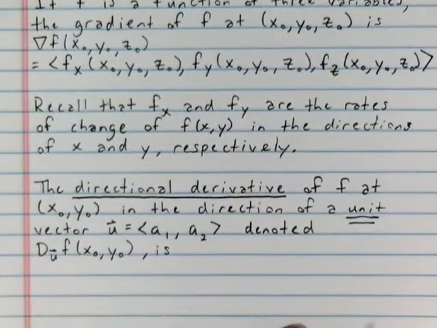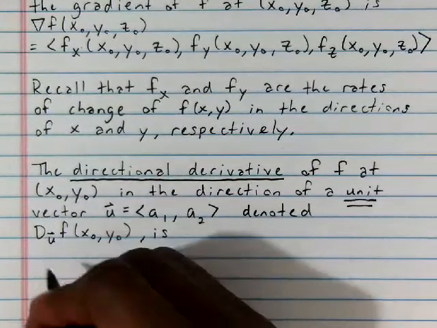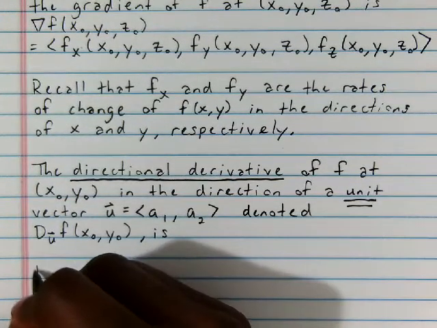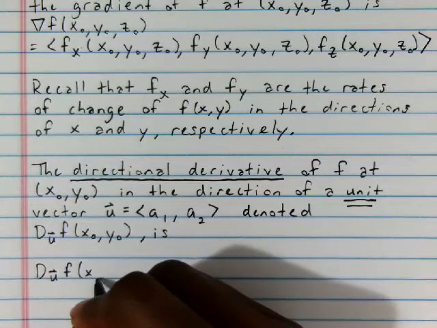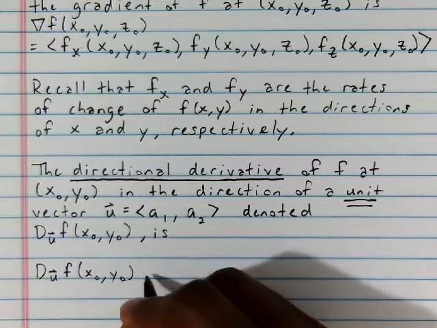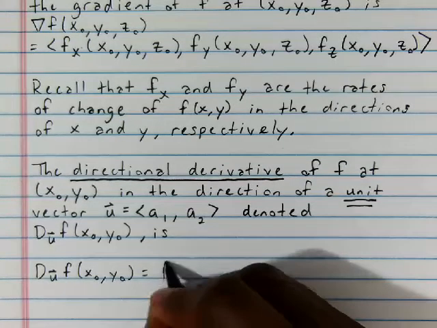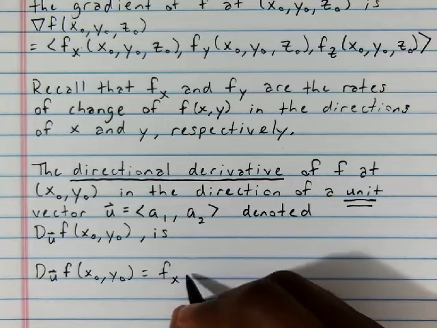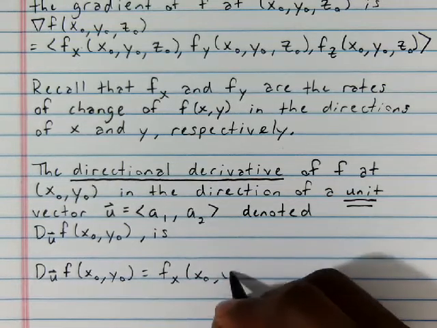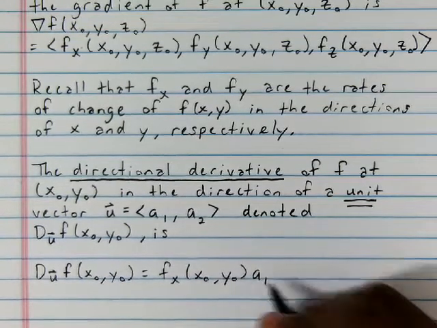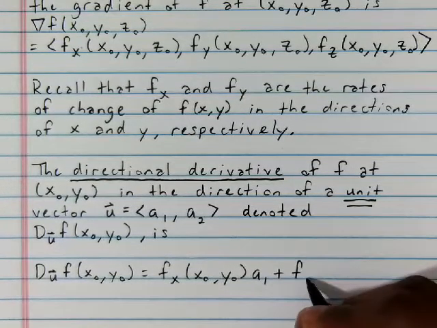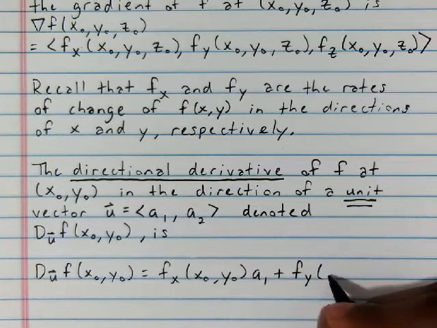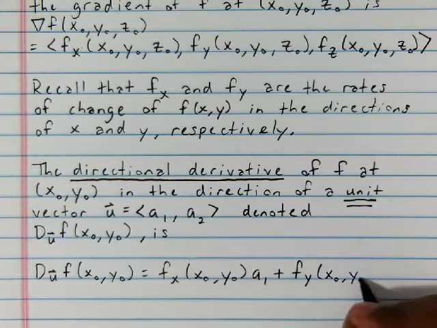So how do we compute this? The directional derivative of f in the direction of u at x naught, y naught is equal to the partial of f with respect to x evaluated at x naught, y naught times a1, plus the partial derivative of f with respect to y evaluated at x naught, y naught times a2.